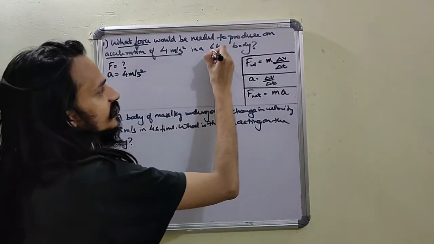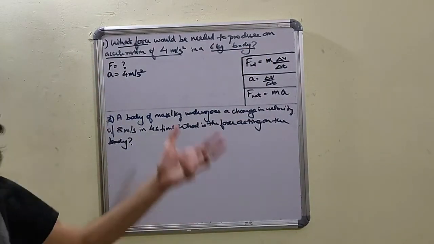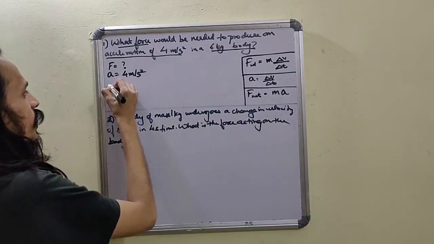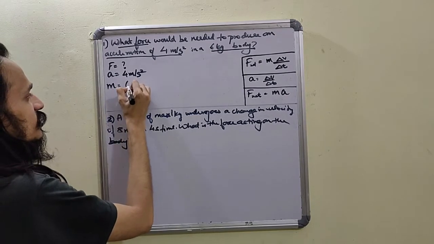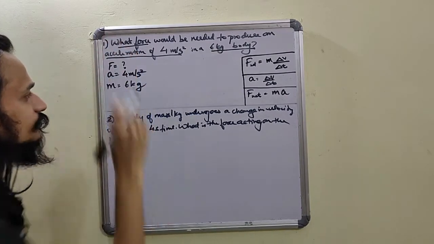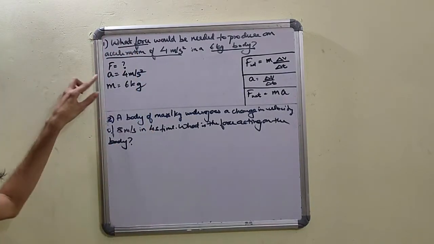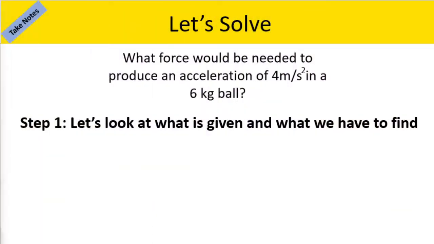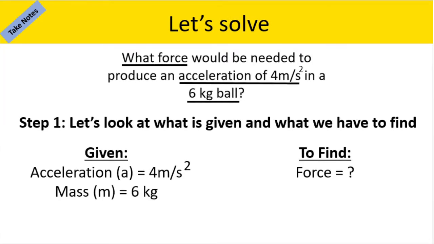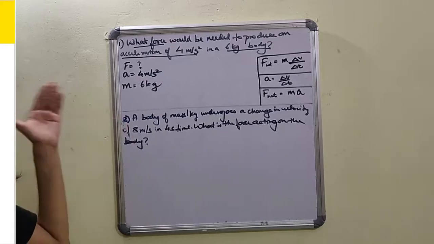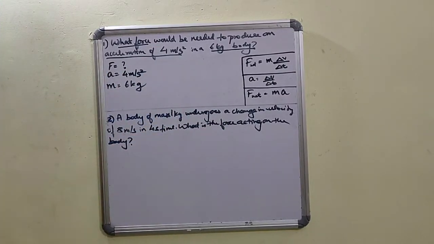In a 6 kg body, 6 kg is nothing but mass, right? So I know mass is 6 kilograms, right? I have two values I know, one value I don't know. I'll just look at which formula I can use best for this.